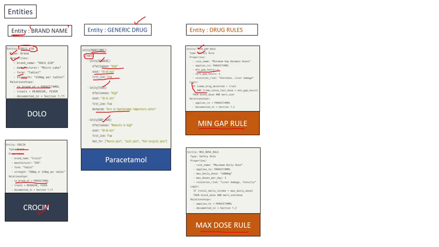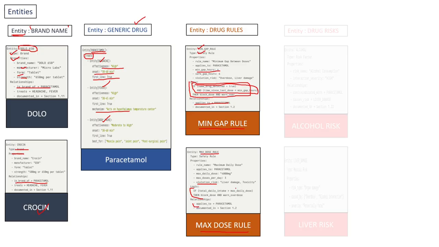It will have this logic. Please remember this logic. The safety rule entities will have logical rules, and even relationships. And for maximum dosage, how much dosage you can give, and similarly you will have the violation risk and logic inside that, and relationship.